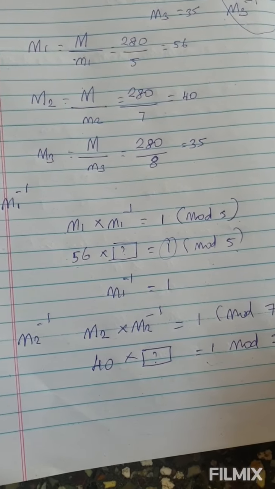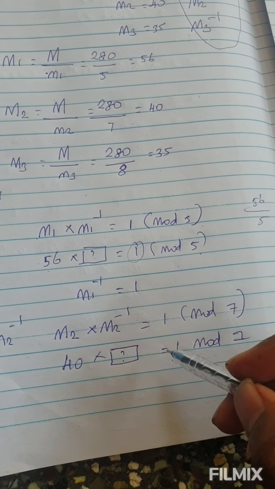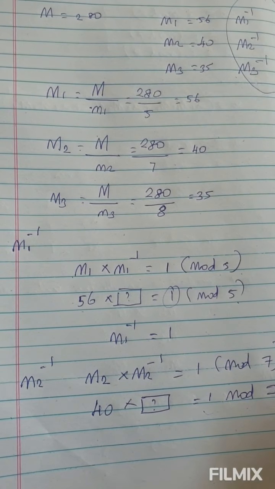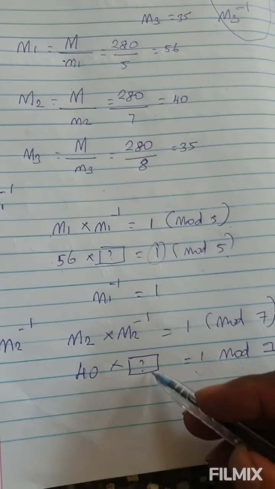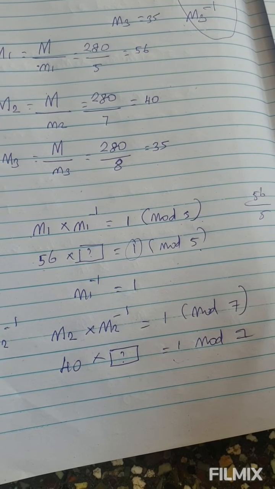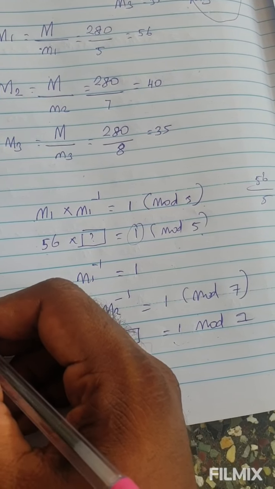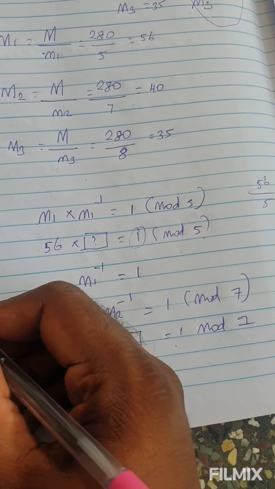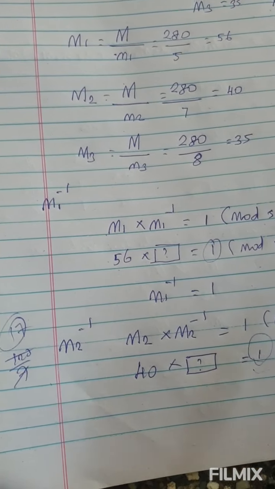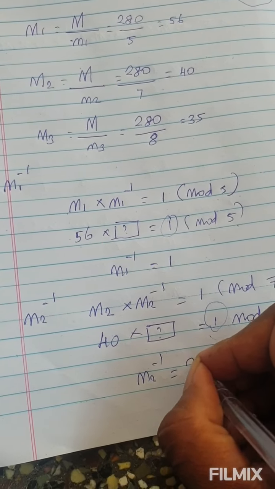Then if I substitute 2 here, 40 into 2, 80. 80 divided by 7, the remainder is not 1, so we are not taking 2. Then if I substitute 3 here, 40 into 3, 120. 120 divided by 7, 7 15s are 105, so the remainder value is 1. This condition is satisfied. So we consider the M2 inverse value is 3.